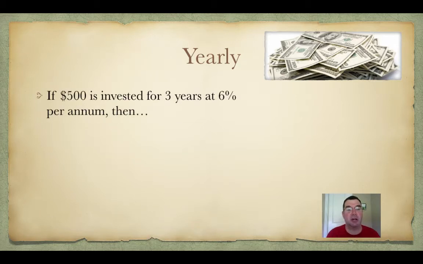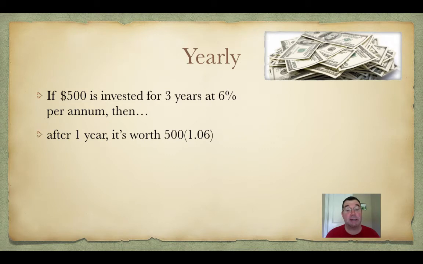So if I have $500 and I want to invest it for 3 years at 6% per annum, that just means per year, then after 1 year, it's going to be worth the $500 that it was worth before, plus 6% more than that. So remember, in one of our previous lessons, we talked about that being the same as 106% of what was there before.